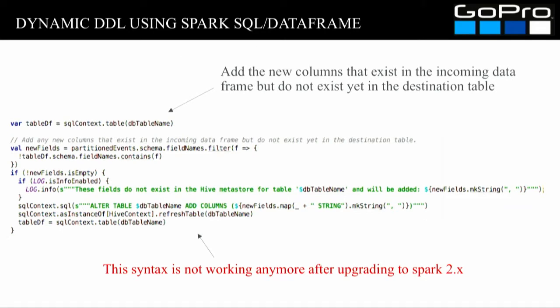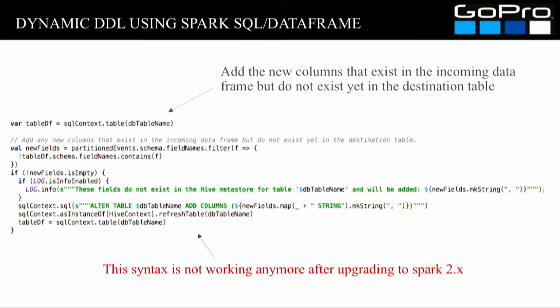Okay. So next, what we did is we found the new columns from the incoming data that do not exist yet in our destination table. Basically, before Spark 2.0, we used 1.6, we could use the alter table syntax to alter our existing table.